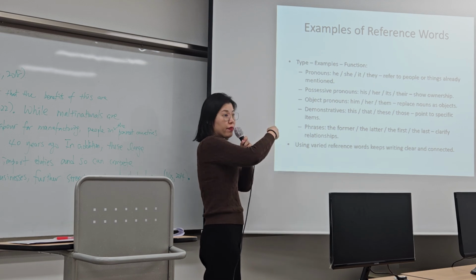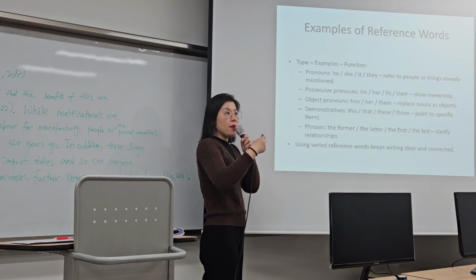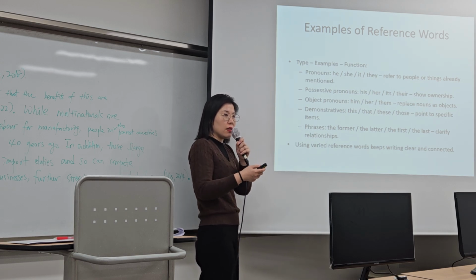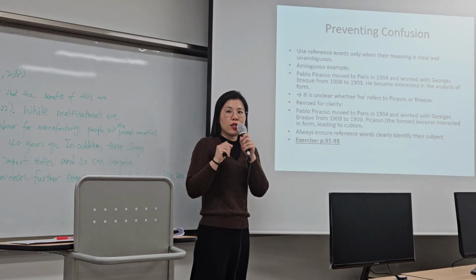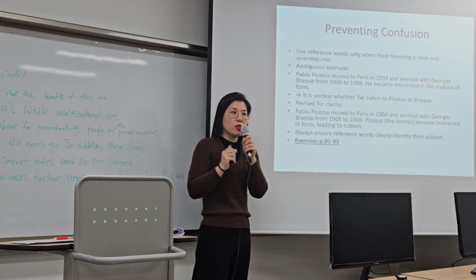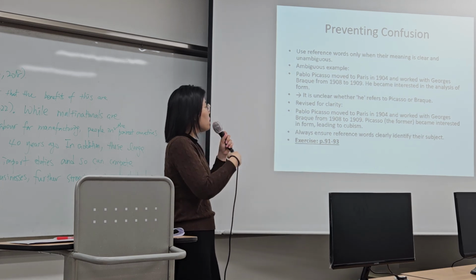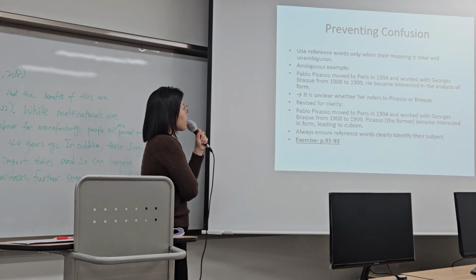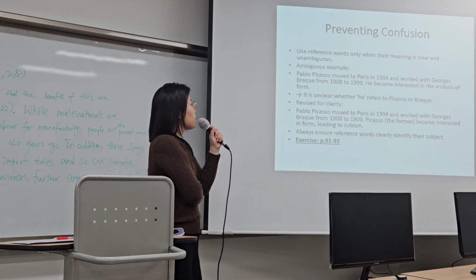So these are called reference words, and you have to be able to use them pretty well in your writing to make connections between different ideas, sentences, and people. But there's a caveat: you have to be very careful in using the pronouns, and we're going to look at those. Use reference words only when their meaning is clear and unambiguous.